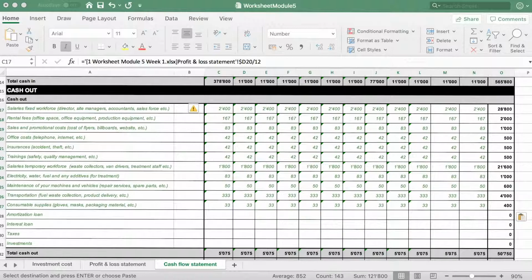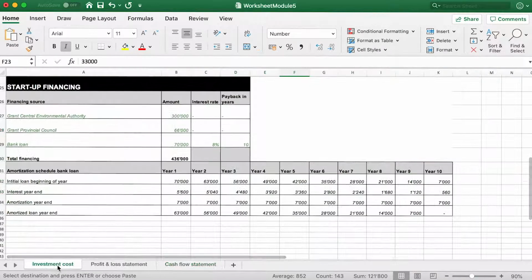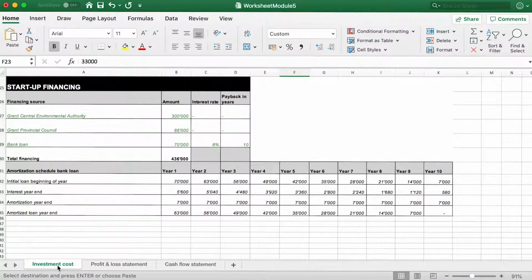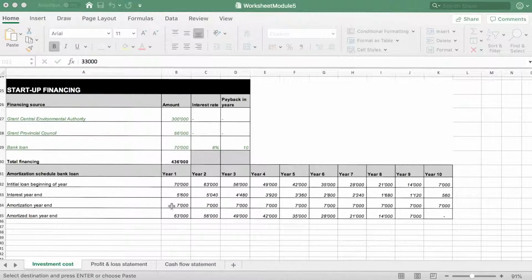Let's go further down and let's have a look at the amortization of the bank loan. As calculated in the tab Investment Costs, the composting plant has to pay back 7,000 to the bank. This is what we call amortization of the loan. Further, we also need to pay an interest of 8% on the remaining loan.